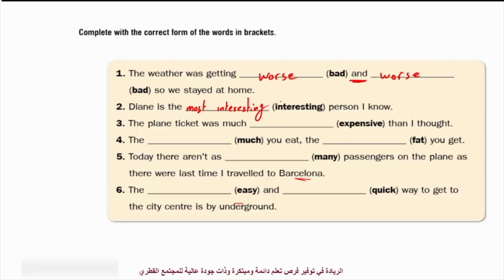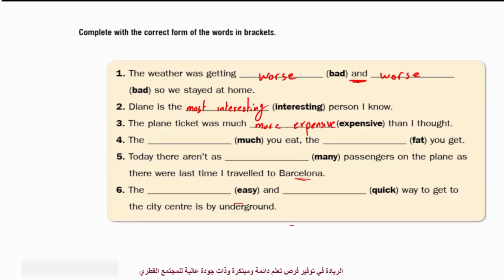Now it turned out that the actual price of the plane ticket was more expensive than he thought. That's why we need to use the comparative rule. In this case, the plane ticket was more expensive than I thought.